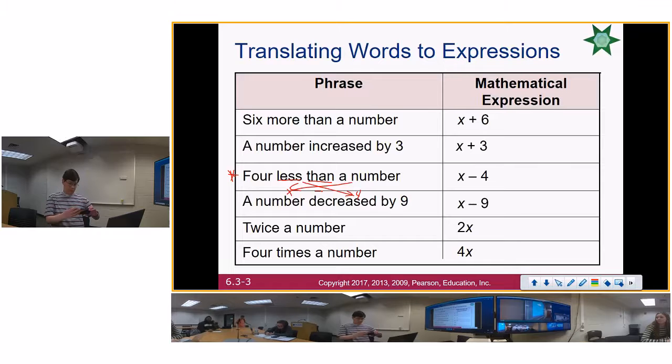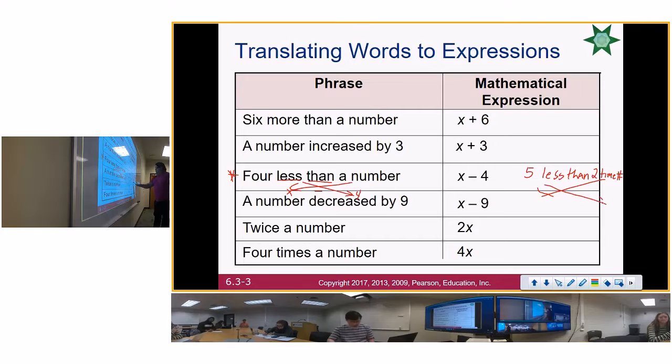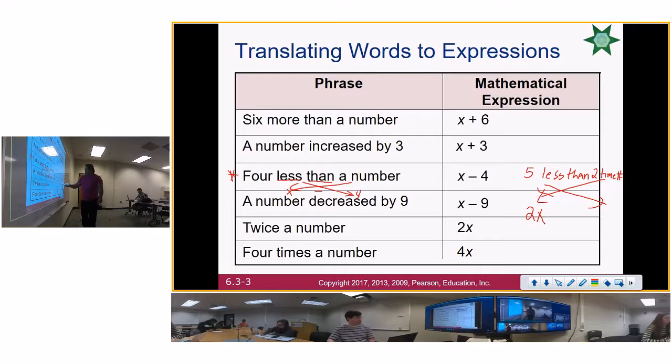So if it says 5 less than 2 times a number, you crisscross it. 2 times a number is 2x, minus 5.